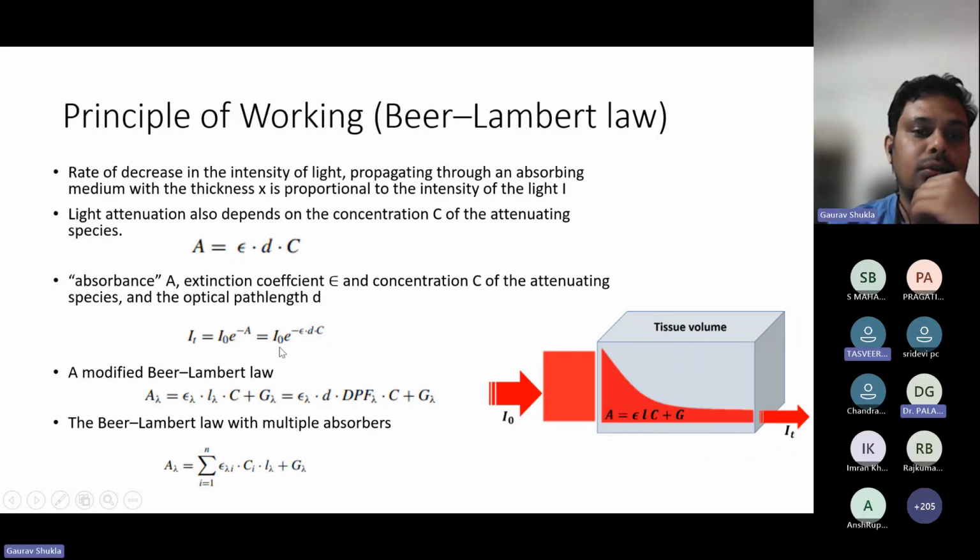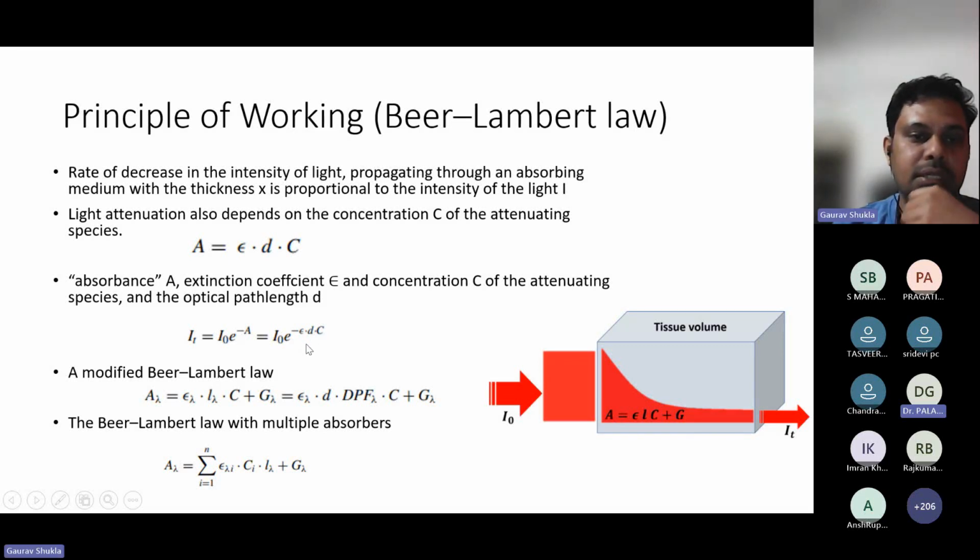So a transmitted light or a reflected light will have this representation, which is I_T equals I_0, where I_0 is the initial light given, times exponential of minus epsilon d c. So d is the path length, c is the concentration of the medium, and epsilon is the extinction coefficient.